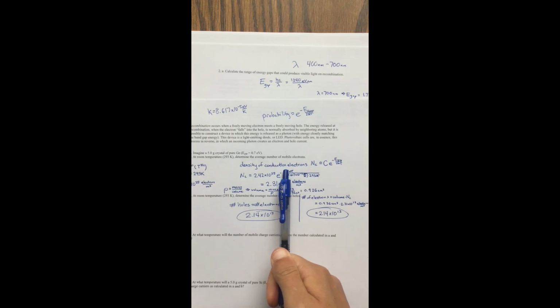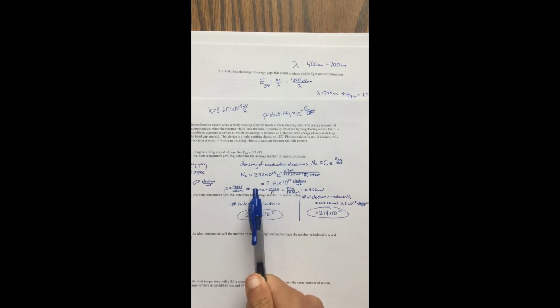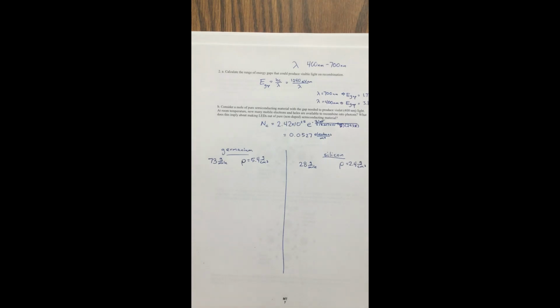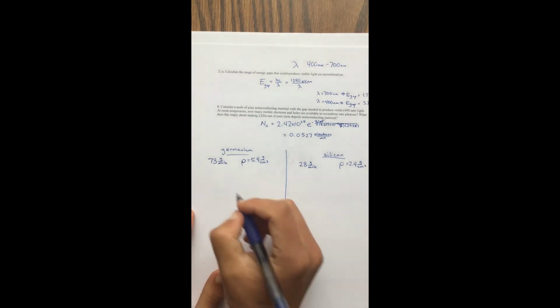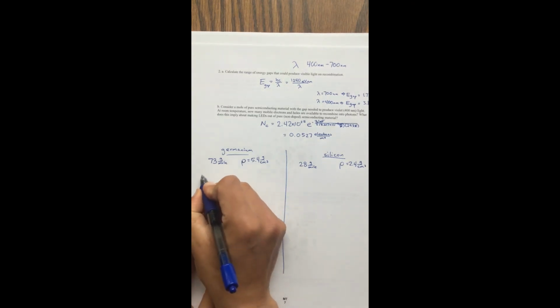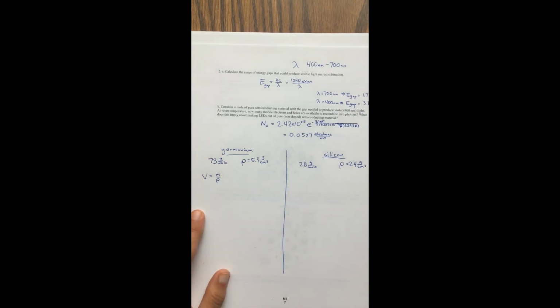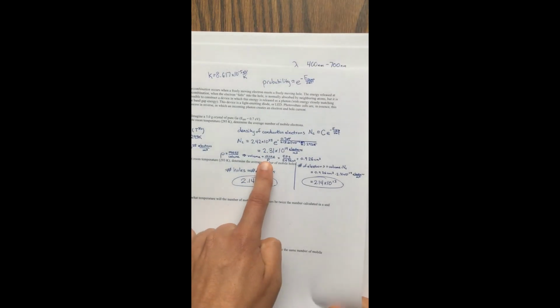Last time, on page 6, I had to find the volume for 5 grams, and then I can multiply the volume by the density to get the number of electrons. So we're still looking for the number of electrons here. I need to find the volume, but to do that, it's going to be a little different here. So the volume is still equal to the mass over the density. So this is what we had before.